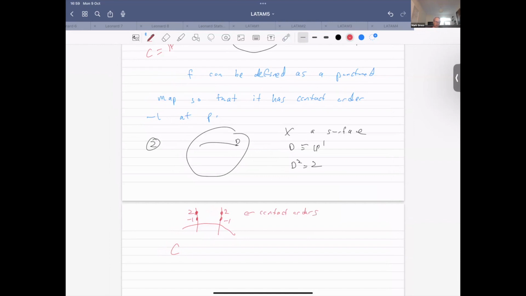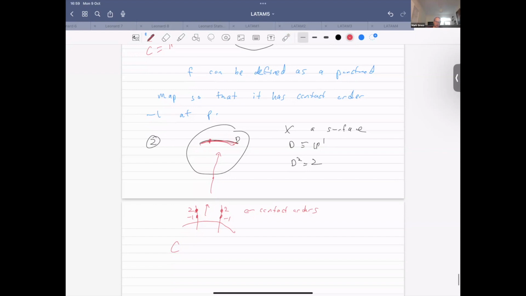And it's possible to define a map here, so the image is just a copy of D, with this irreducible component of C mapping isomorphically to D, and then these components getting contracted. So these will get contracted to points here and here.